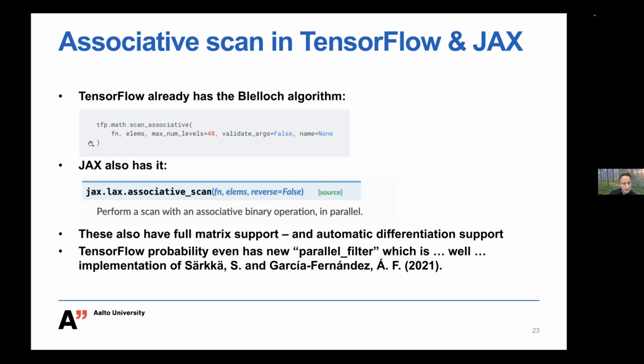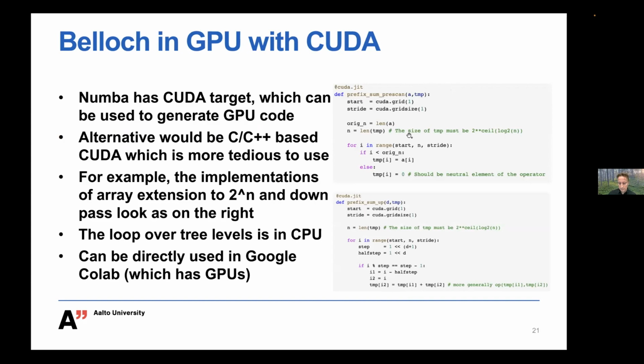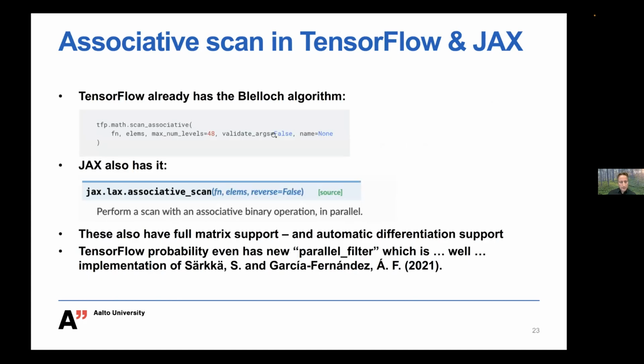So TensorFlow has the parallel associative scan operation, which basically implements this kind of method, but much better than I was able to write it. It already has all the GPU support and so on. And it turns out that JAX has that as well. So provided that we can write that associative binary operator, all we need to do is to call this associative scan to actually implement it.